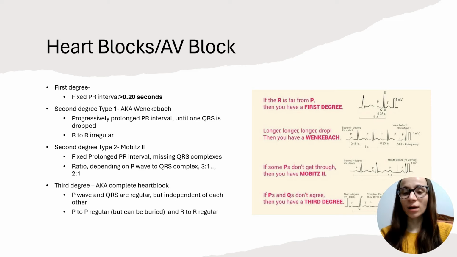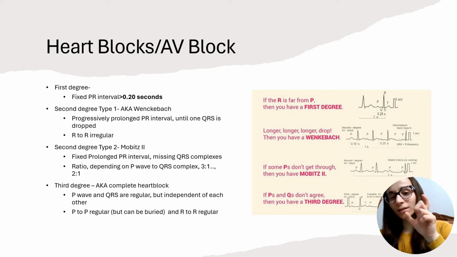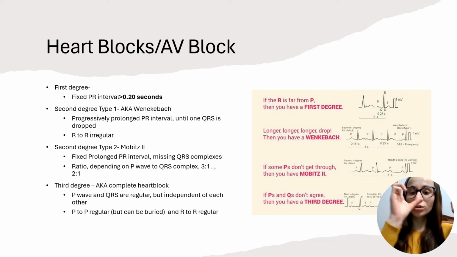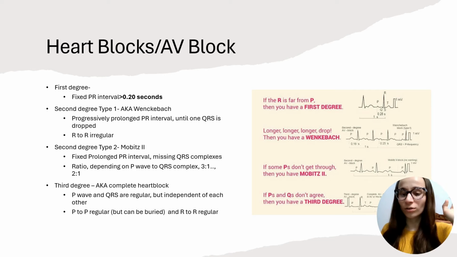In second degree heart block, there's two different types, Mobitz type 1 and Mobitz type 2. Mobitz type 1 is also known as Wenckebach. In Mobitz type 1, the PR interval is progressively delayed until one is dropped. So in first degree heart block, you're going to have just a long, or prolonged, PR interval.